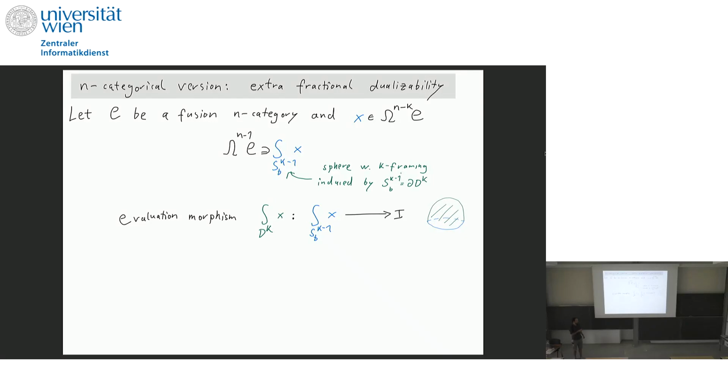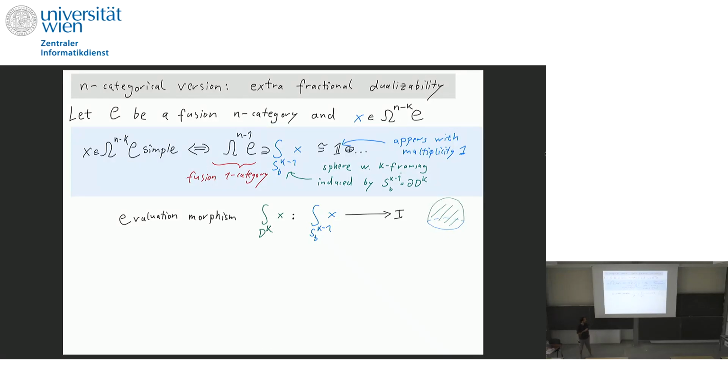Again, I should denote there's more framing data here in this notation, but you do have this nice disk. But now in our setting where I start with a fusion n category, this thing is just an ordinary fusion 1 category. We know how to work with fusion 1 categories.